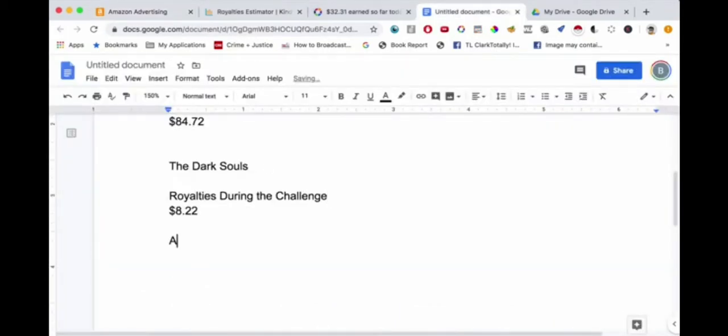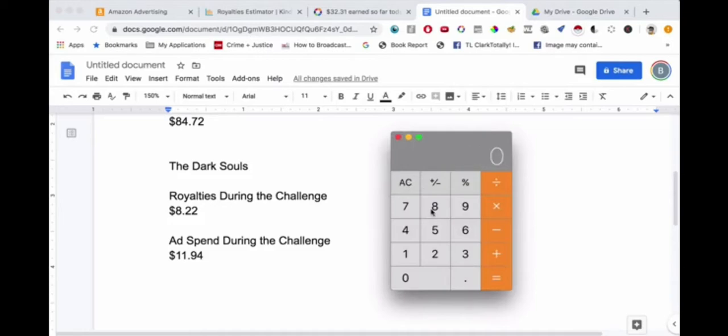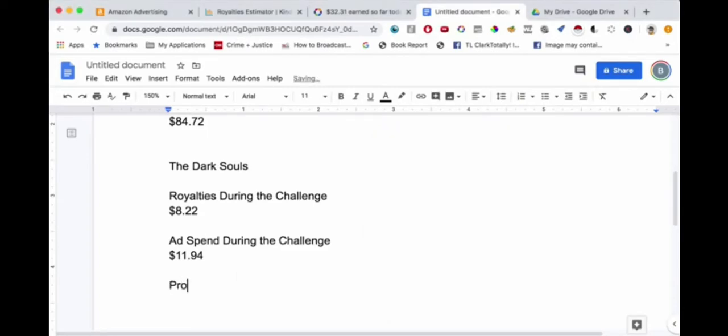So, ad spend during the challenge, $11.94. So we take our royalties number first, and we subtract $11.94 to get the loss of $3.72. During the challenge is negative, so I'm just going to put in parentheses $3.72.